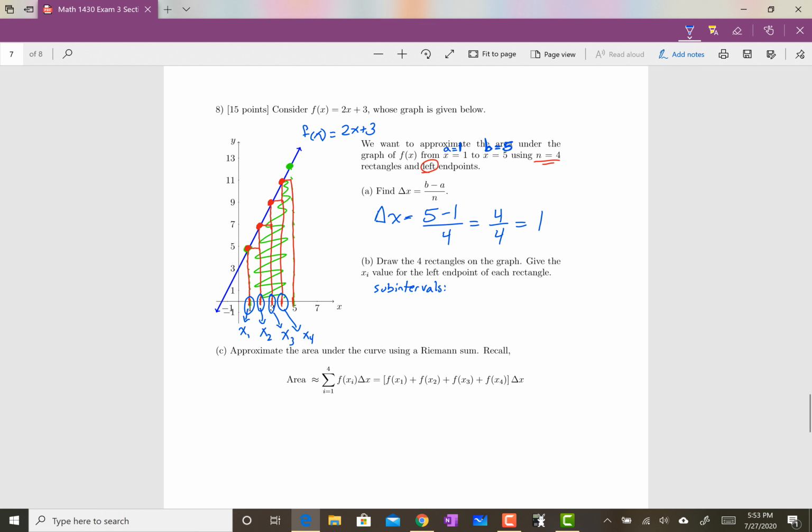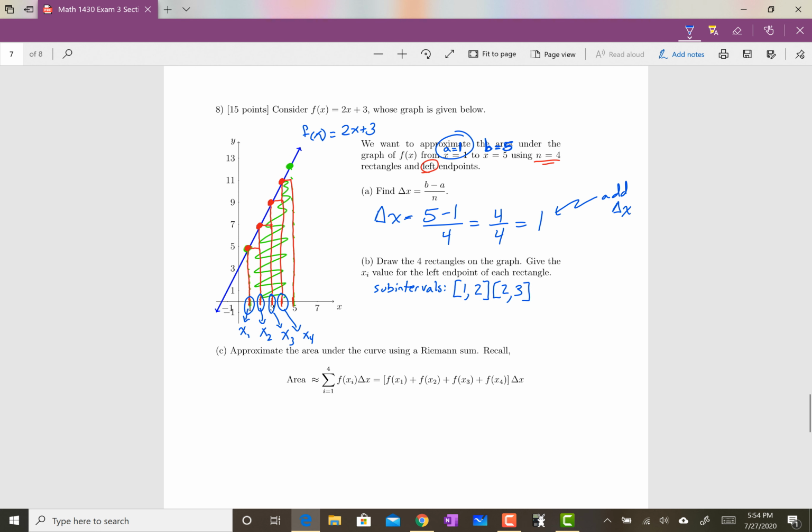How you start your subintervals is you start with the value of a. Remember, a is 1. So we're going to start at 1. And then you add your delta x. And you're going to do that each time. So 1 plus 1 is 2. That's our first subinterval. Then we start back at 2. 2 plus 1 is 3.